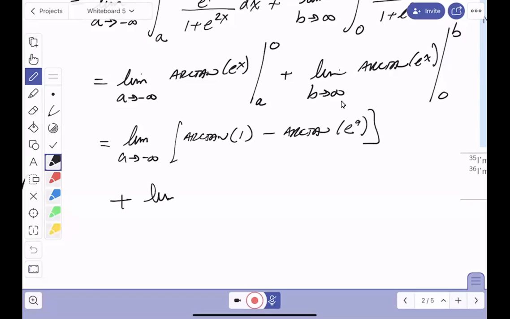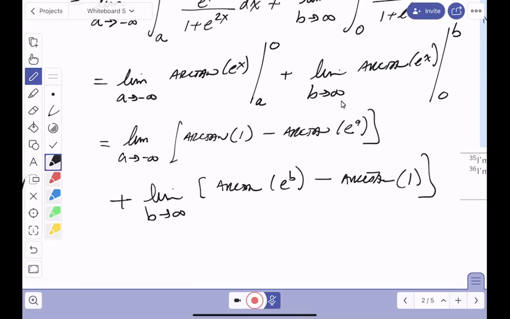Plus the limit as b goes to infinity of arctan e to the b minus arctan e to the 0, which is 1, right?